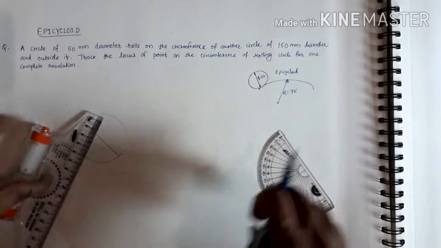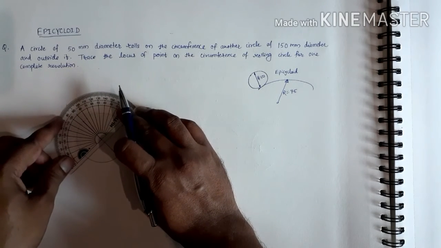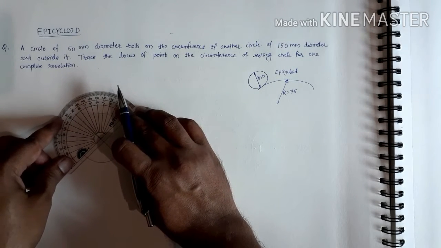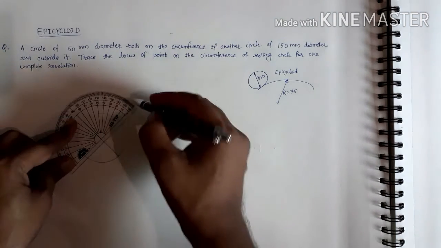Divide in 8 parts. See how I am doing. See, the circle is divided in 8 parts.